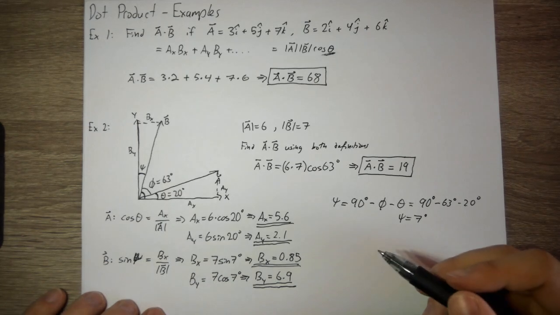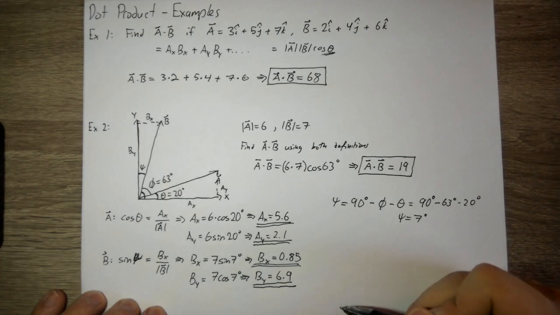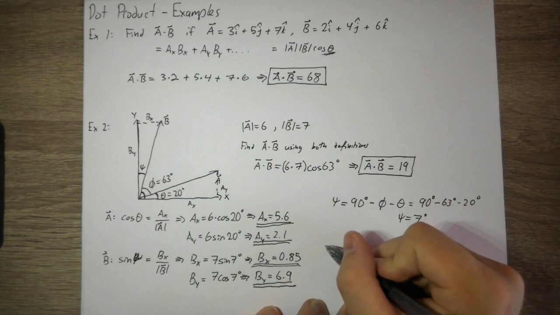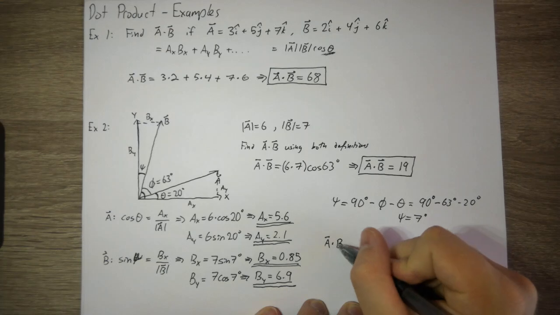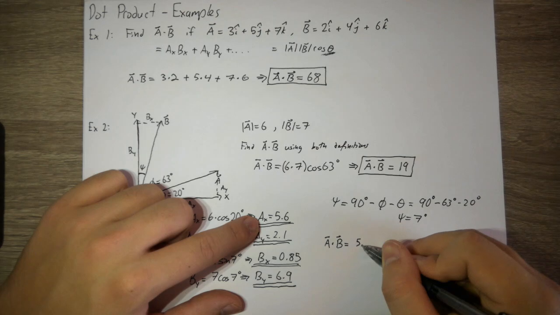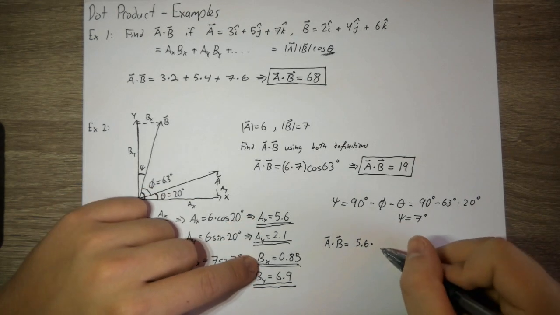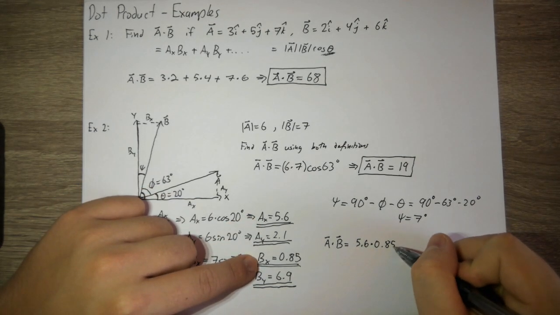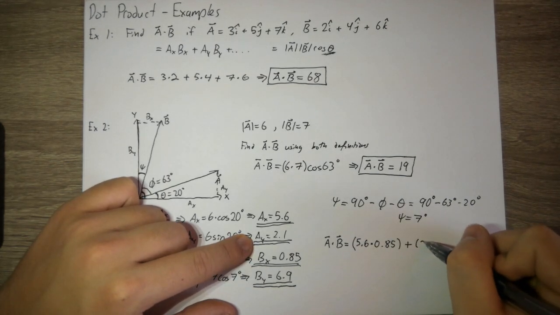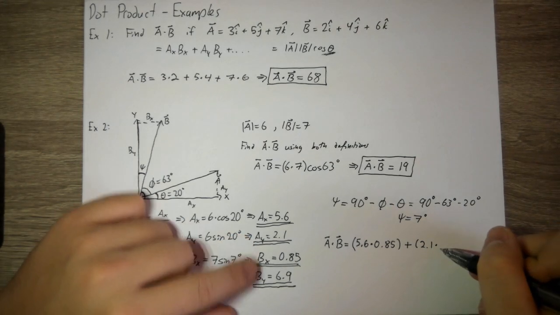Now that we've solved this, we have everything we need to write out our component definition of the dot product. A dot B is equal to Ax times Bx plus Ay times By.